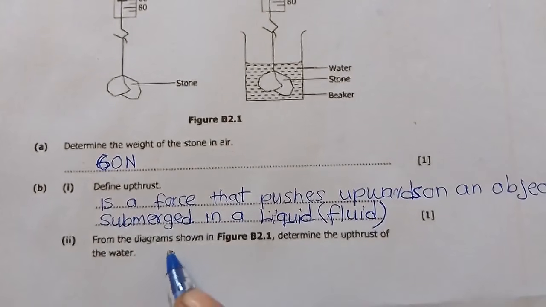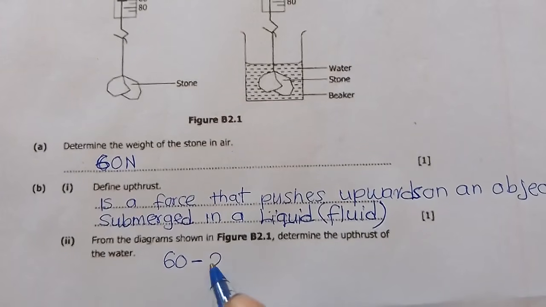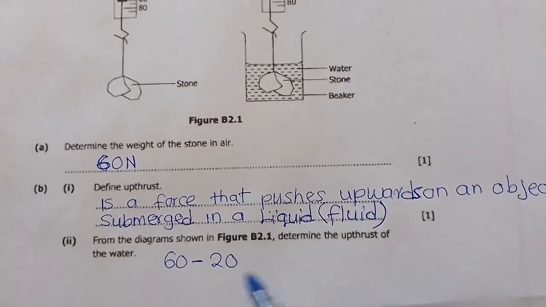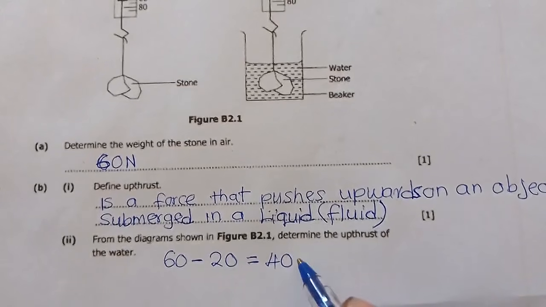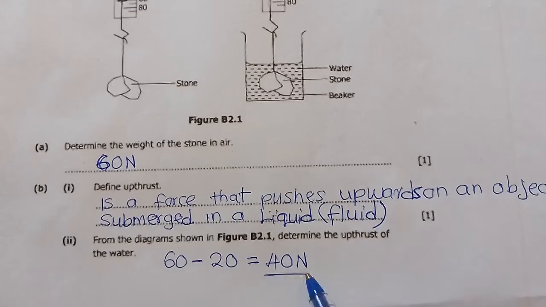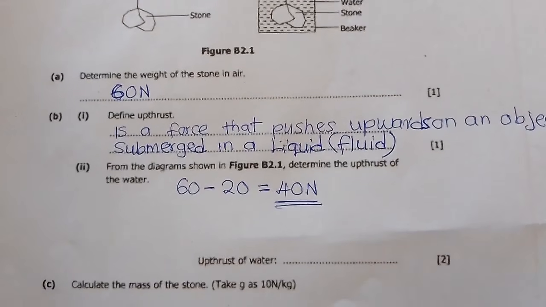It was at 60 and it moved to 20. So 60 minus 20, that is 40. Then this is a force, so it is 40 newtons. This is how you get to answer it. So you've answered that question just like that. We move to the other question here.